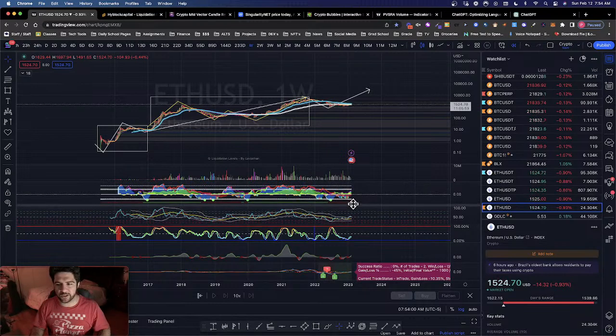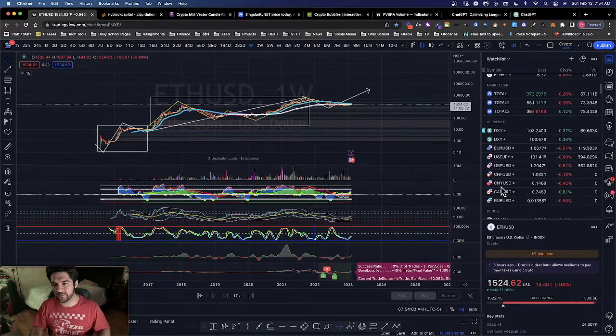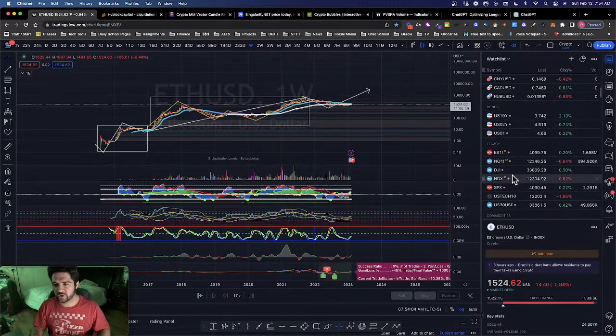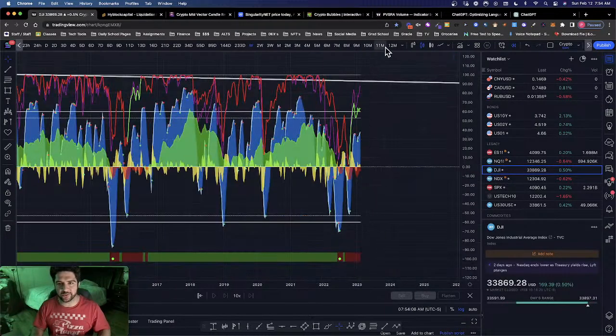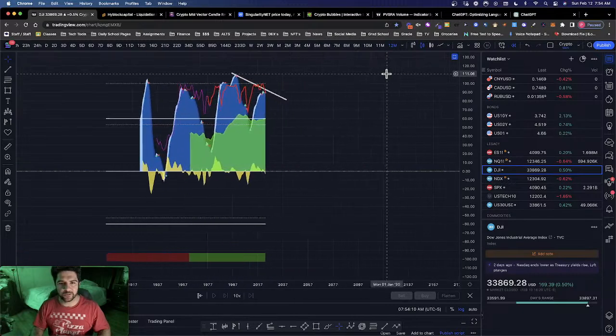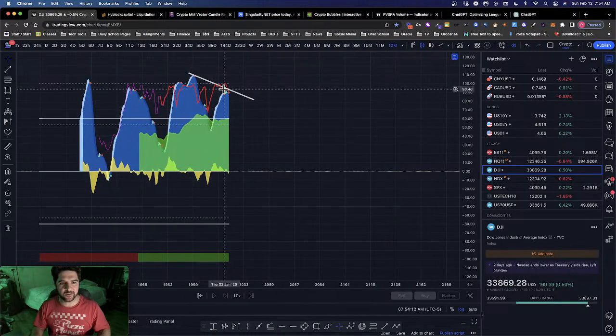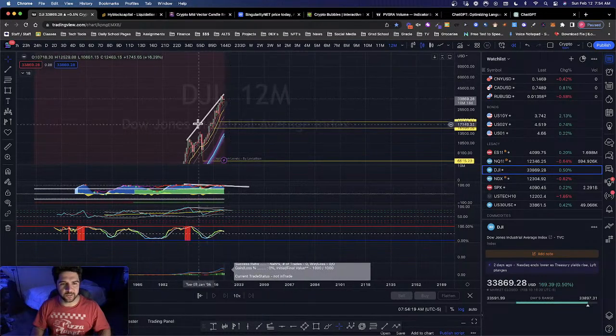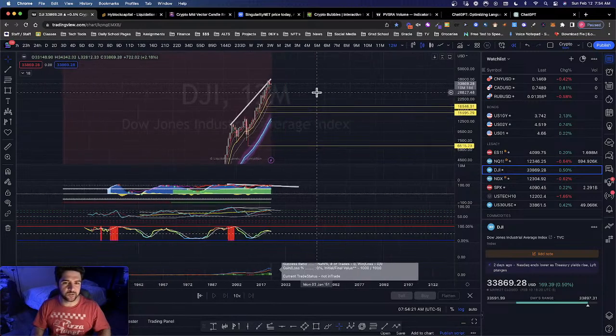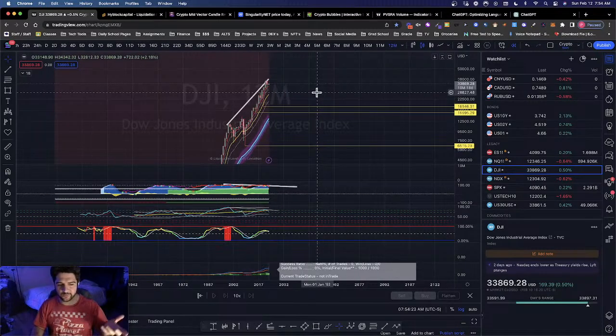I was going over the Dow. I've tried to get him to address this, but on Market Cipher on the yearly, if you use Market Cipher, that is a lower high on your momentum waves and a higher high in your price action. That's bearish divergence on the Dow. So no one wants to address that on the 12 month.